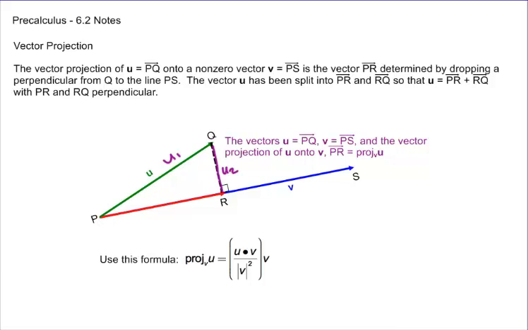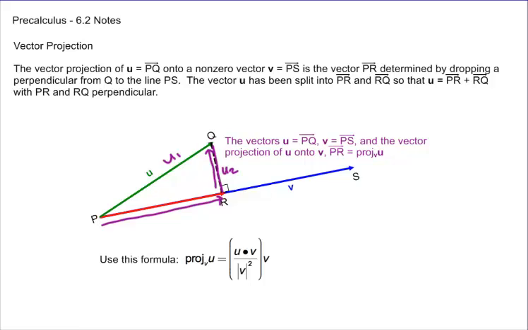So if I take PR plus RQ, I should get U. If I take PR, this distance right here, and RQ, this distance right here, and add them together, notice when they add up, they make the one vector U.